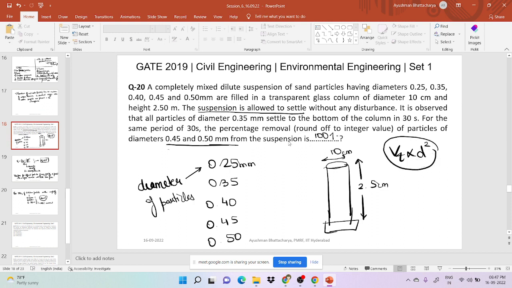Since the diameters 0.45 and 0.5 mm are greater than 0.35 mm, and 0.35 mm particles settle completely in 30 seconds, particles greater than 0.35 mm will settle down completely. So the answer: the percentage removal of particles of diameter 0.45 and 0.50 mm from the suspension is 100%.